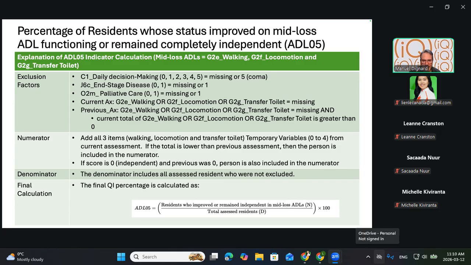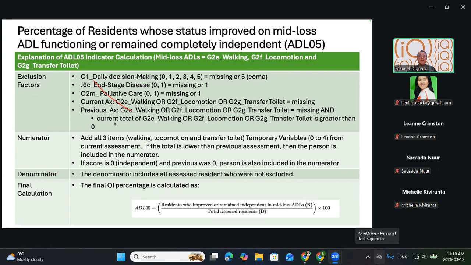So if we look at the calculations, we're going to start with our exclusion factors. If daily decision making is a 5, end stage disease, palliative care, if your information is missing, or if your previous information is missing, right, previous assessment, then you're excluded and you will not be part of the denominator.